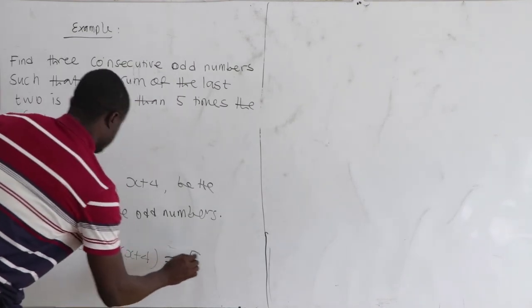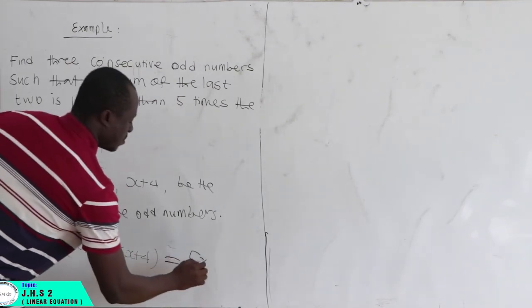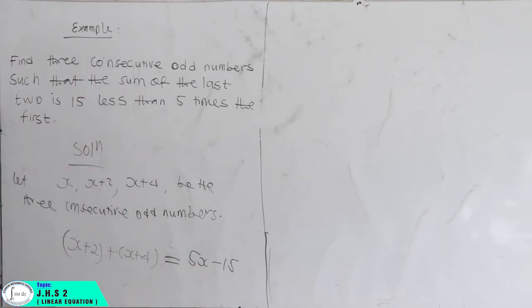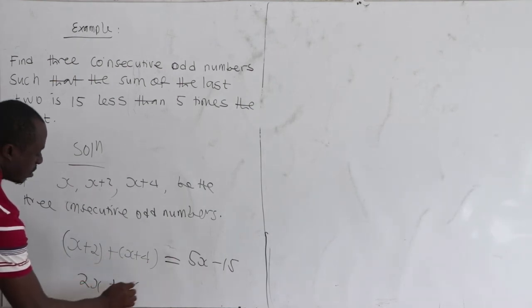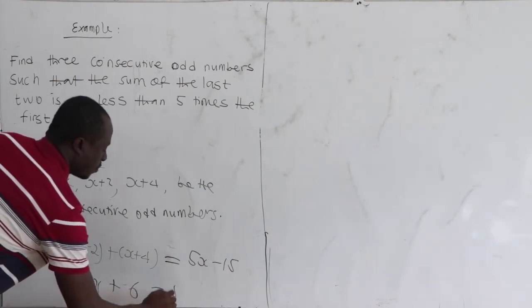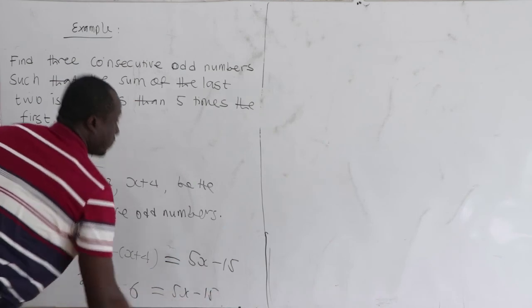So 5 times the first is 5x, then minus 15. Now x plus 2 plus x plus 4 gives 2x plus 6, equal to 5x minus 15.